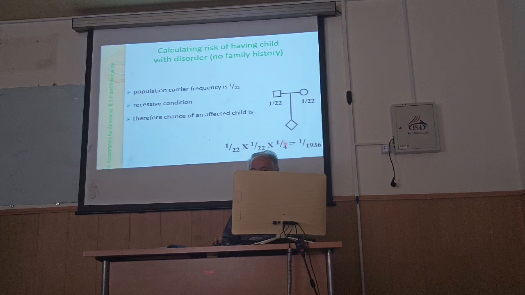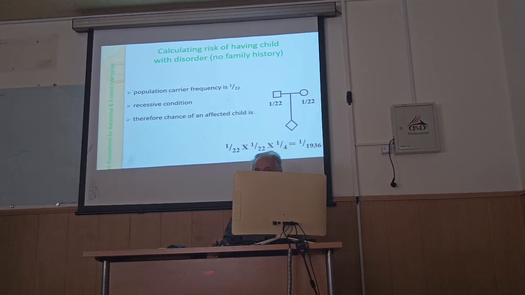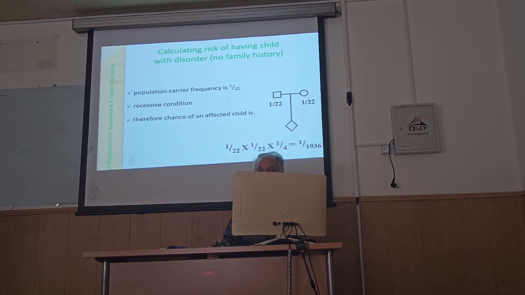You know what is 1 out of 4? If parents are carriers, the chance of having an affected child is 1/4. Why? Because there is a 25% chance of having an affected child for carrier parents.